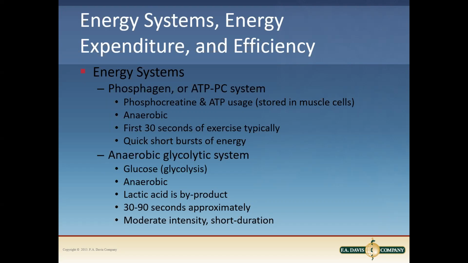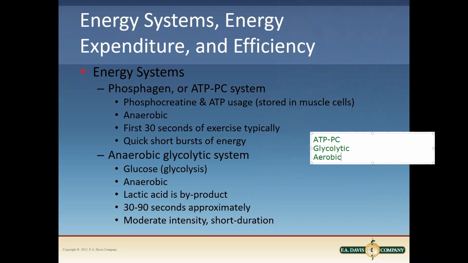So with our energy systems, we have 3 primary energy systems, right? So we have 2 of them on the screen. We have our ATP PC, we have our glycolytic, and we have our aerobic.